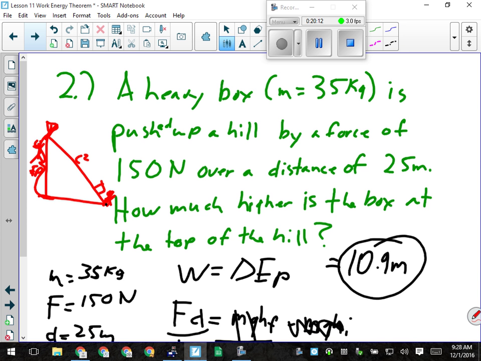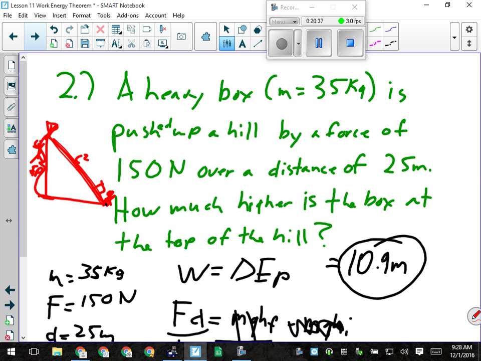I want you to try this one. This is an inclined plane question, but it's still a potential energy question. So we got a heavy box with a mass of 35 kilograms pushed up a hill by a force of 150 newtons over a distance of 25 meters. So the hill, this part of the ramp here, is 25 meters long.